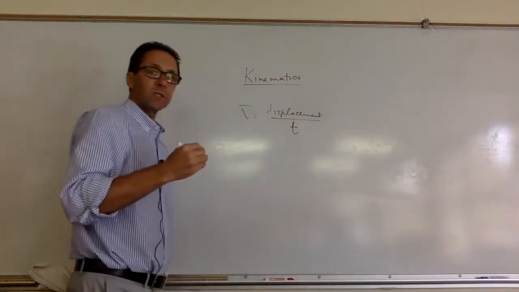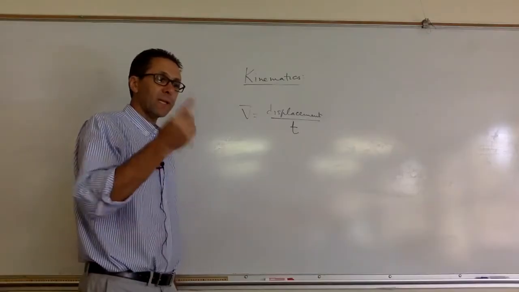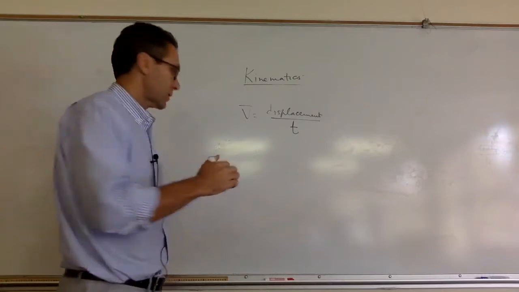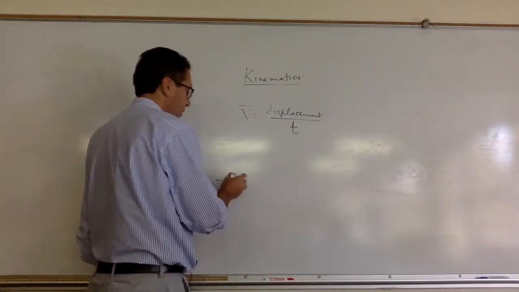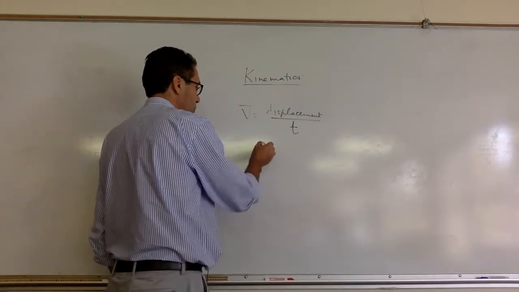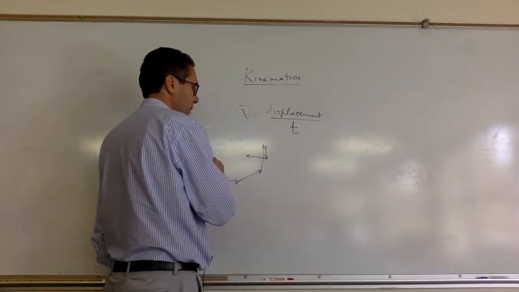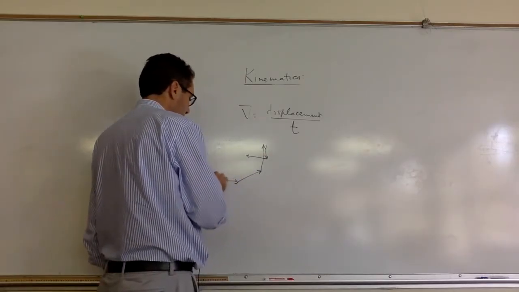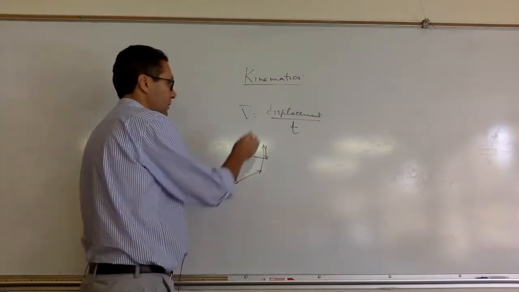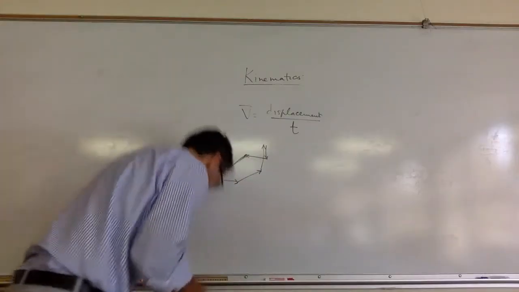Well, what's displacement? Displacement is the direct line that connects your starting point to your final destination. So if you're walking east, going 10 degrees north of east, then you decide to go north, then you decide to go south, and then from here you decide to go west, the displacement is just the link between these two points here, divided by how long it took to do this whole trip.